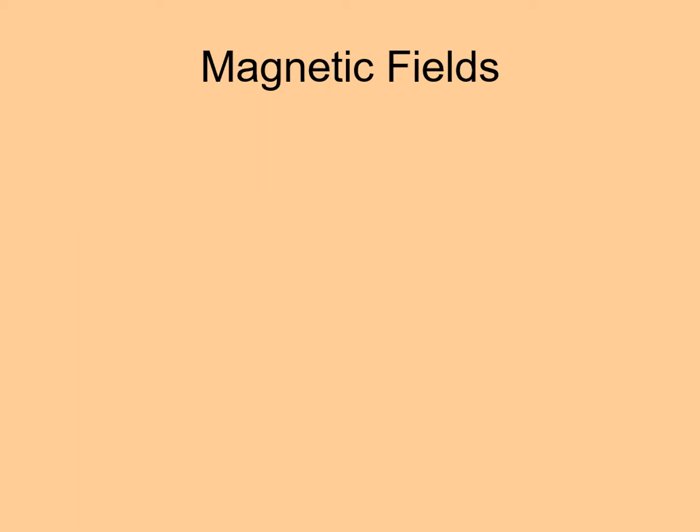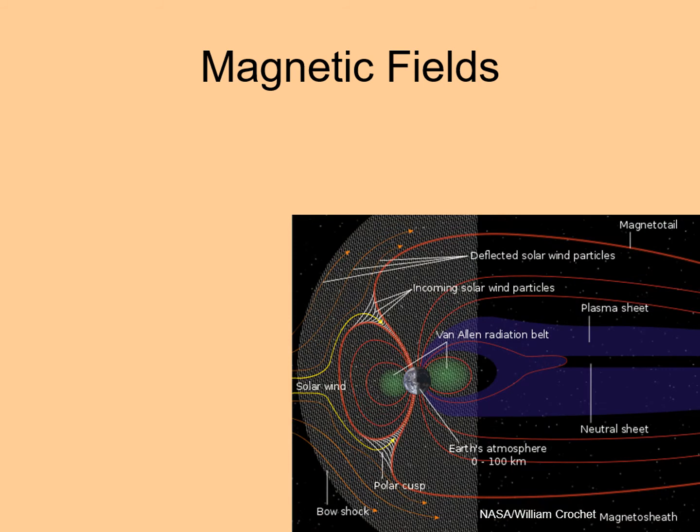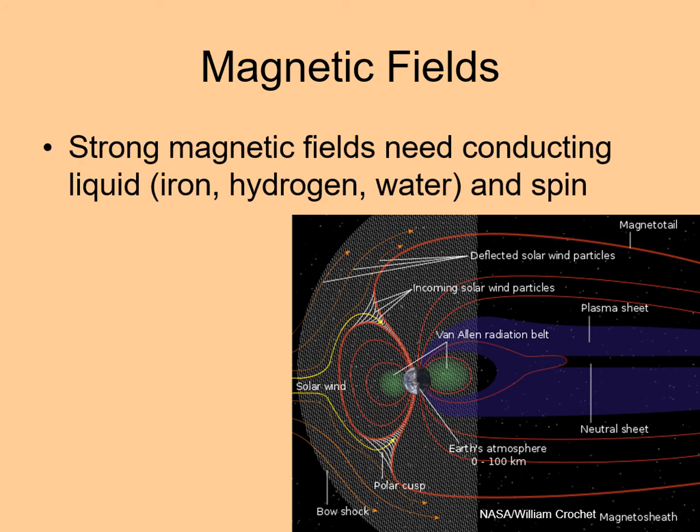One more way we can get clues about a planet's interior is by studying its magnetic field. For a planet to have a strong magnetic field, it has to have a dynamo operating inside it. A natural dynamo forms when a spinning planet has an electrically conducting liquid flowing inside it.